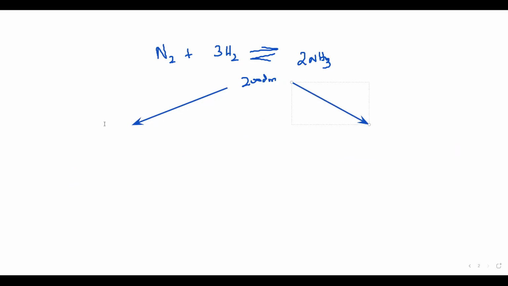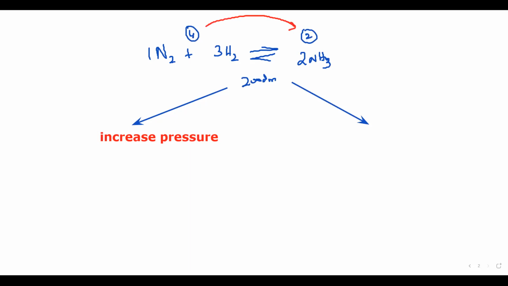If we increase the pressure, the equilibrium always shifts towards the side with fewer moles. On the reactant side we have 4 moles and on the product side we have 2 moles. So when we increase the pressure, the equilibrium will shift towards the right hand side.